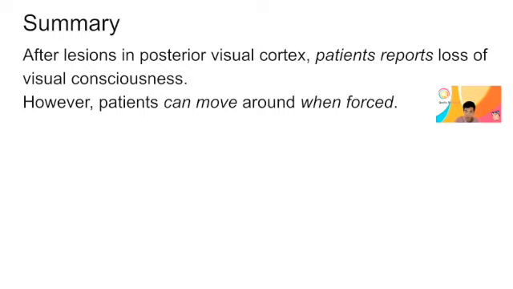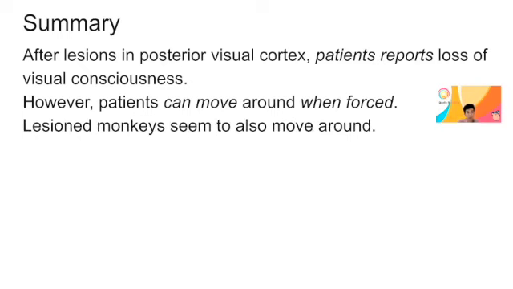But the important thing is that patients usually do not move in spontaneous situations because they don't see. So consciously they think they don't have any conscious access to visual information in the world, and they rely on other senses such as touch or sound.